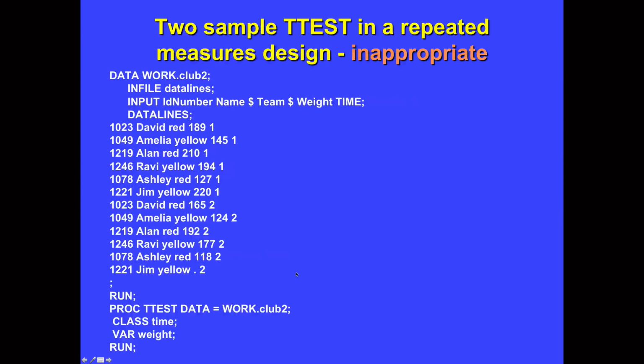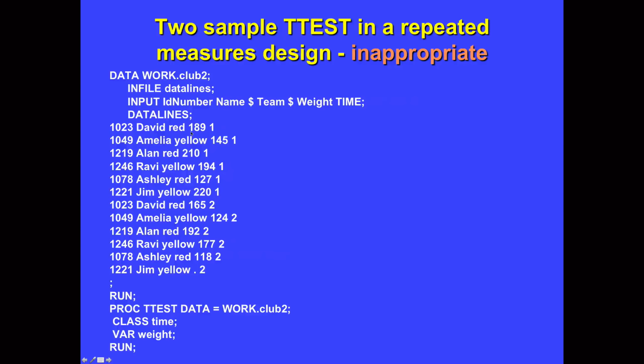Before we go into SAS and do this, I want to show an alternate approach to generating the data set and running a t-test that would be inappropriate. This data set structures the data such that each study visit is one row in the data set. For example, the first row corresponds to David.